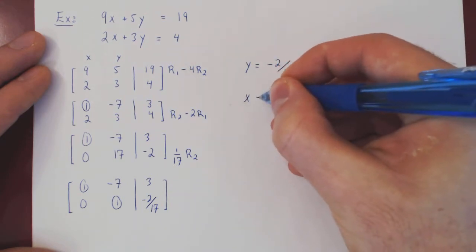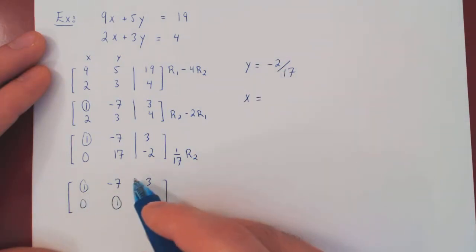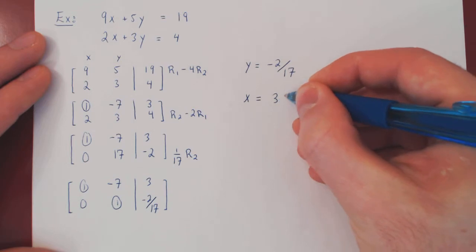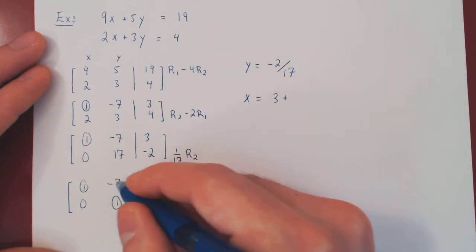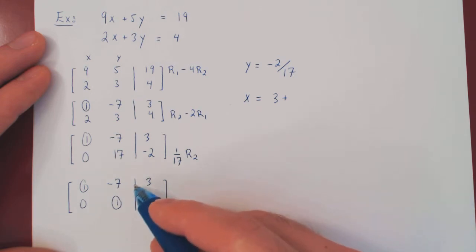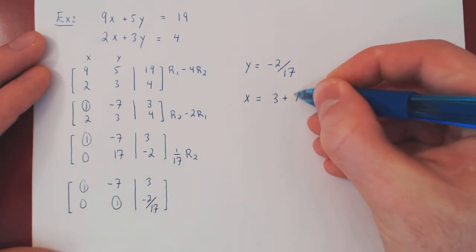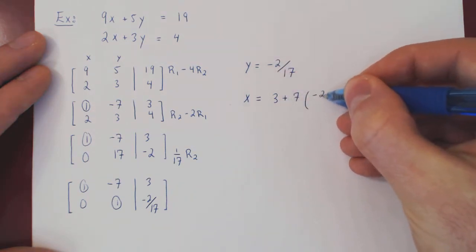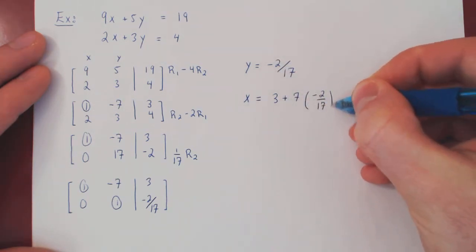And x is equal to 3 plus, here is a negative 7y, send it to the right-hand side of the equality. So positive 7 times y, but we know what y is, negative 2 over 17. Let's simplify.